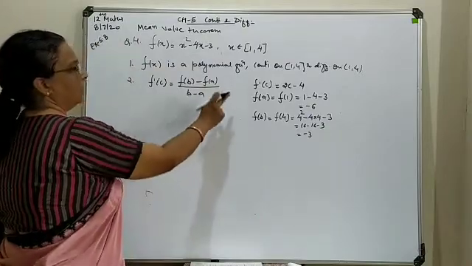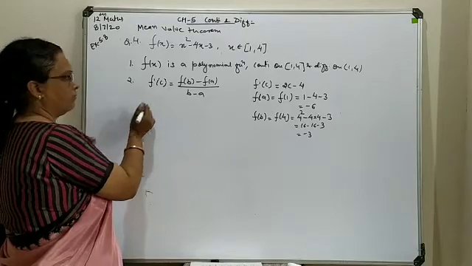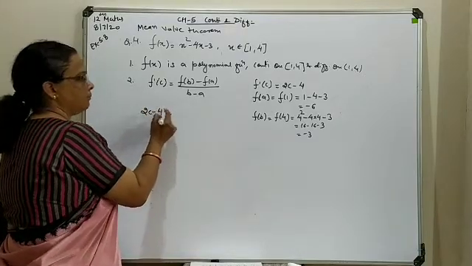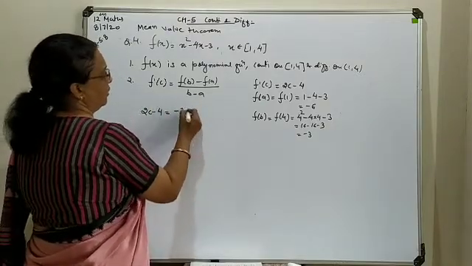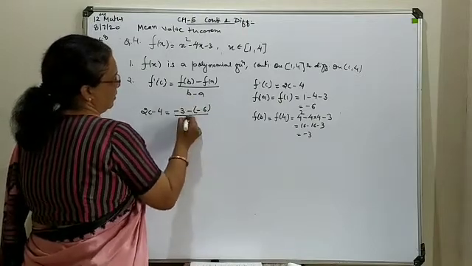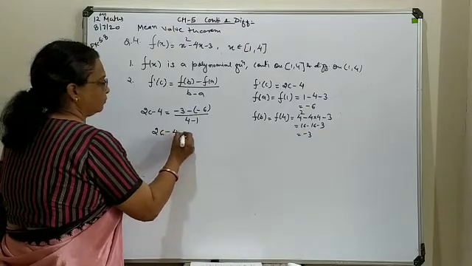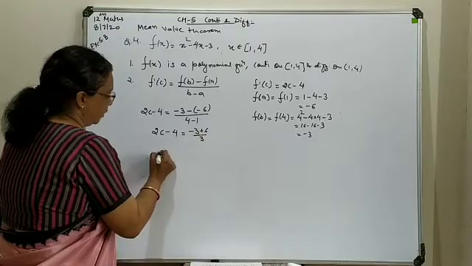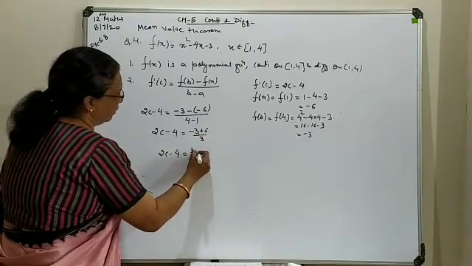So all these three terms we are going to substitute in the required form. f dash c means 2c minus 4, f of b is minus 3, f of a is minus 6, and b minus a is 4 minus 1. So minus 3 plus 6 upon 3, that means 3 upon 3, which is 1.